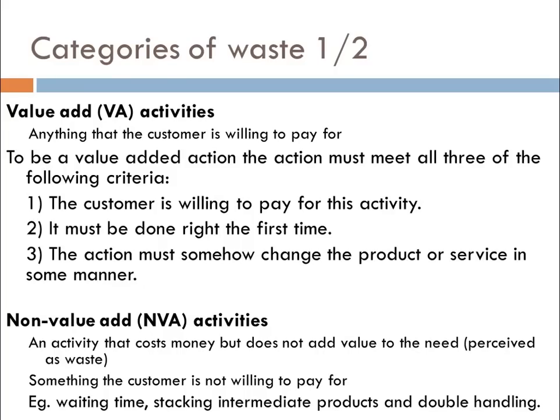The other kind of activity is non-value added activities, which cost money but do not add value to the need, or are perceived as waste. Something the customer is not willing to pay for, for example, waiting time, stacking intermediate products, and double handling. These activities actually do not add any value.